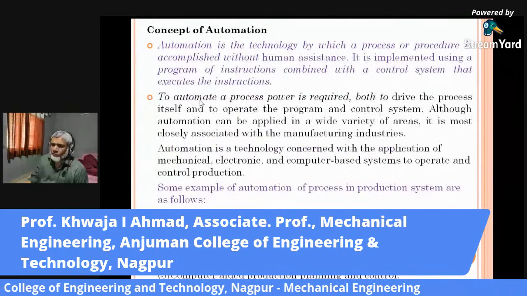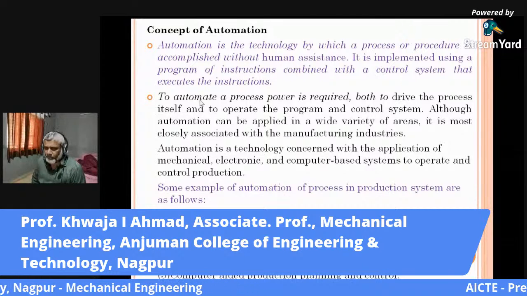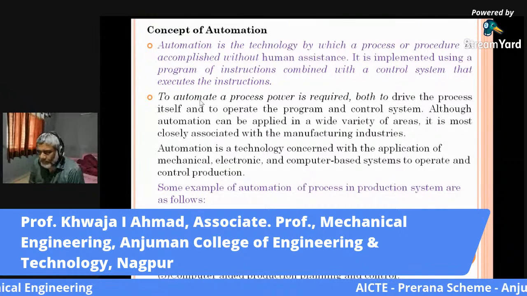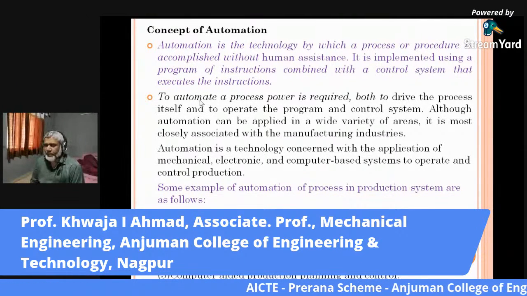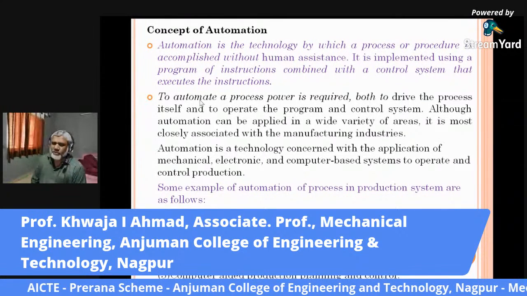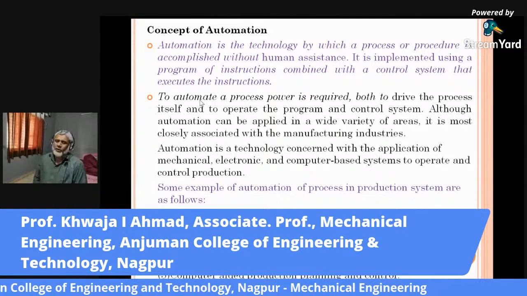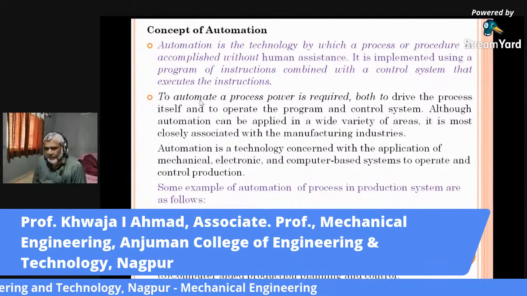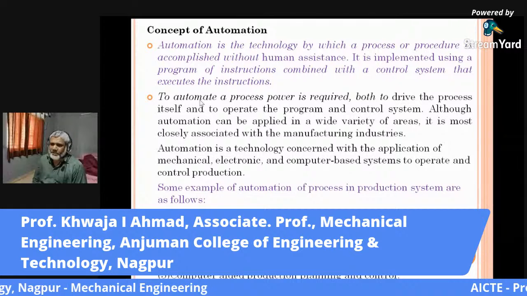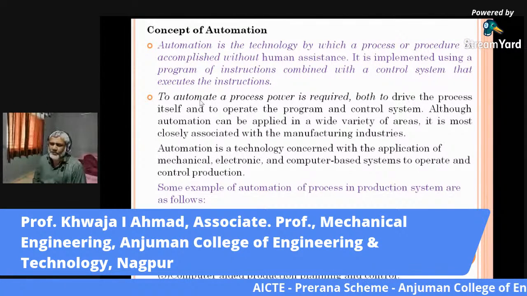Now we switch over to another topic, that is automation, because we want to learn the basis of computer integrated manufacturing, and computer integrated manufacturing cannot be understood without understanding the automation and the various systems which are associated with automation.